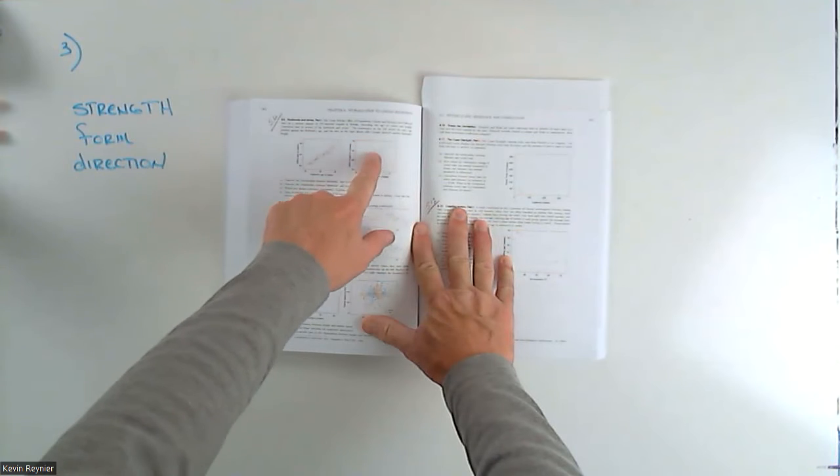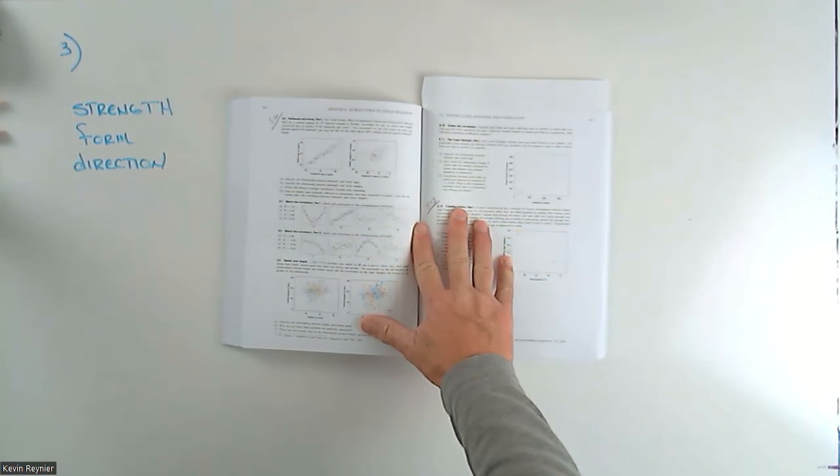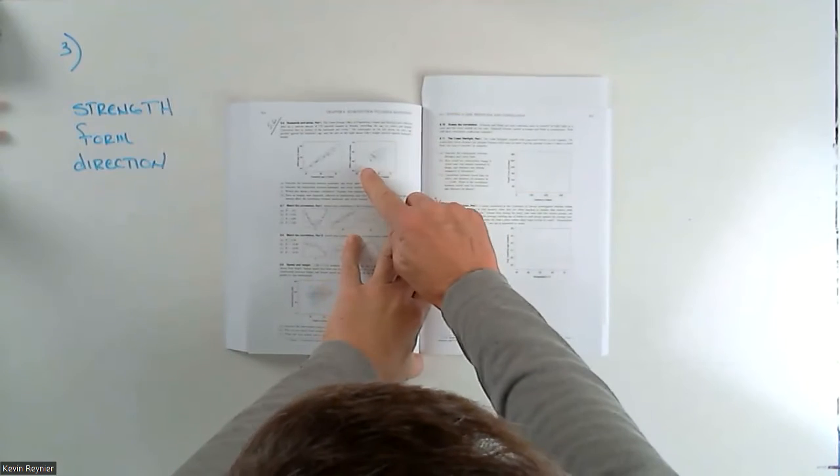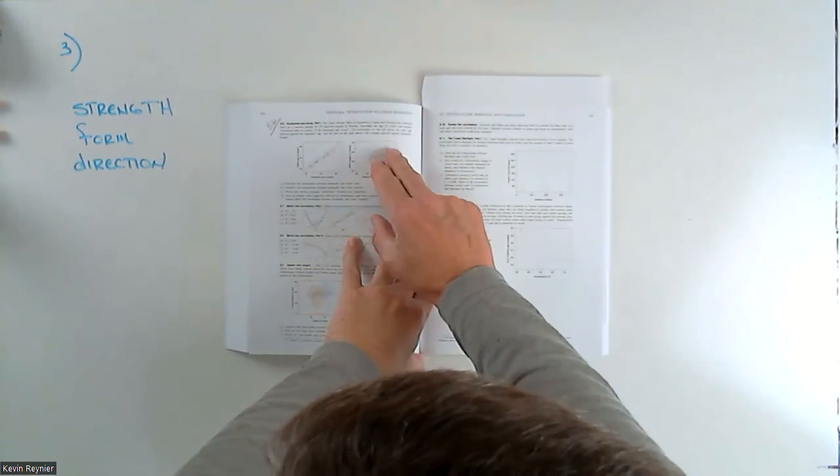We have points everywhere. There does appear to be a trend, though. The data does appear to go up to the right. So while I wouldn't say it's a strong linear relationship, I would say it's a weak linear relationship, and the direction is a positive association.